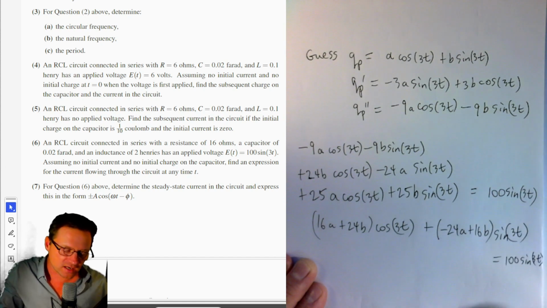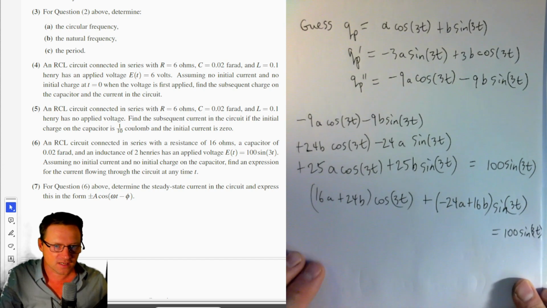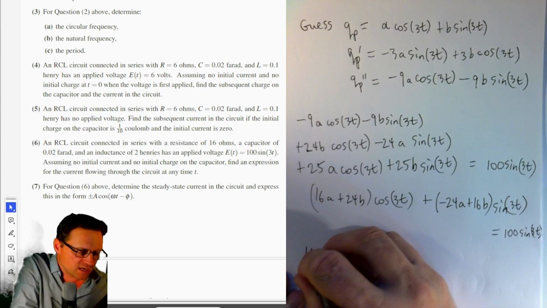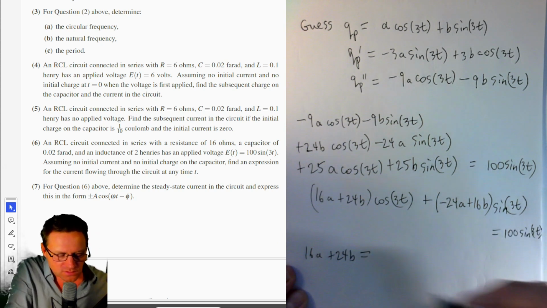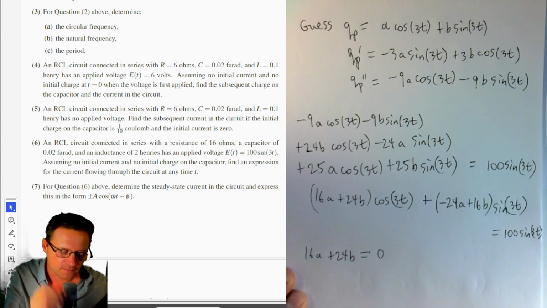Okay, so comparing the coefficients of cos and sine, this gives us 2 equations in lowercase a and lowercase b. So we get 16a plus 24b equals 0, because there are no cosines on the right-hand side there.